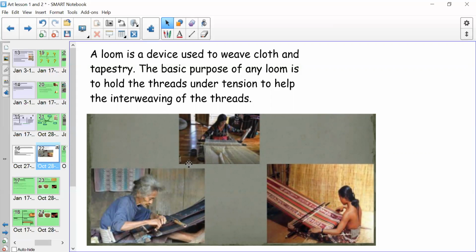So here you can see there are 3 people weaving, and the loom, you can see across here, is helping keep all those threads nice and tight. That is what tension means. Because if they were all loose, the entire weave would fall apart. So that is what a loom is. It helps keep those threads nice and tight so that you can weave them.